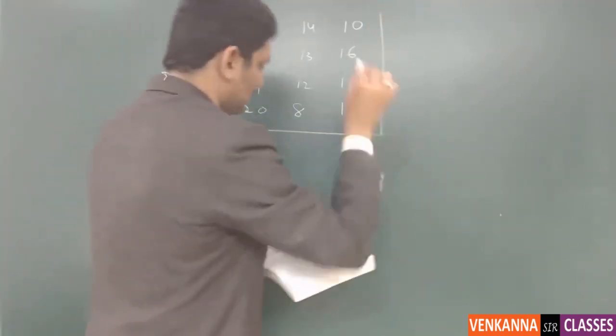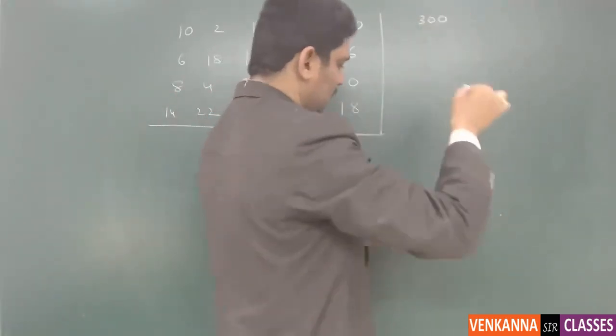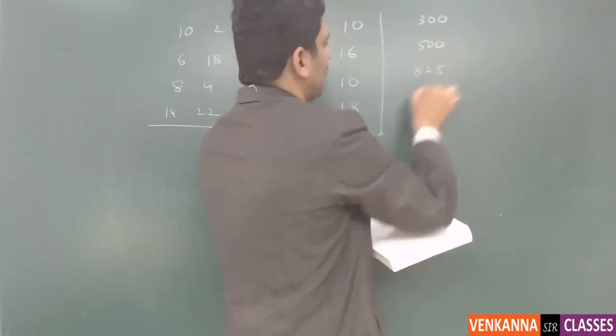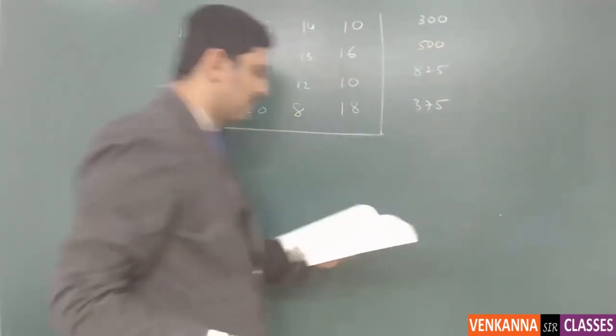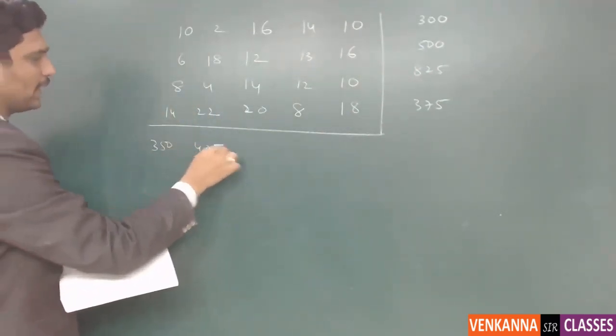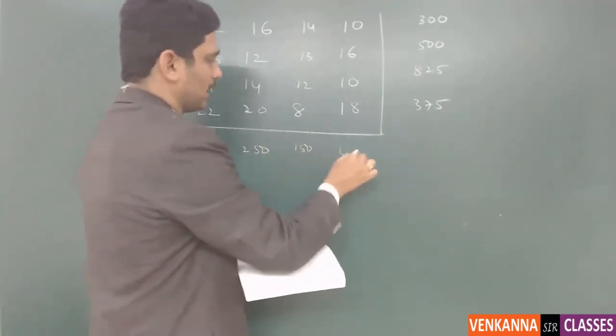This was the table. Corresponding supply and demand are given by 300, 500, 825, 375, 350, 400, 250, 150 and 400.